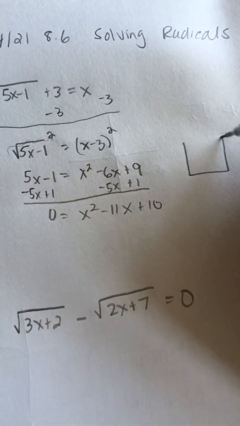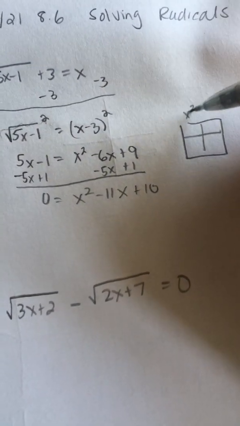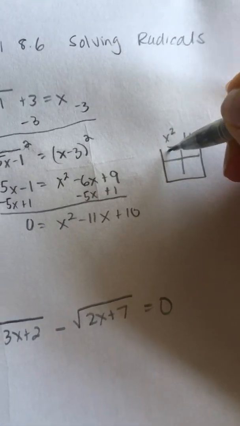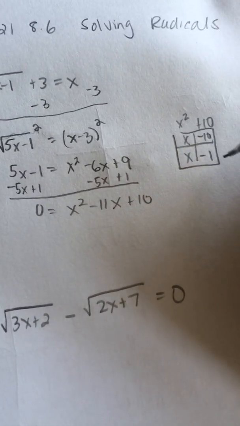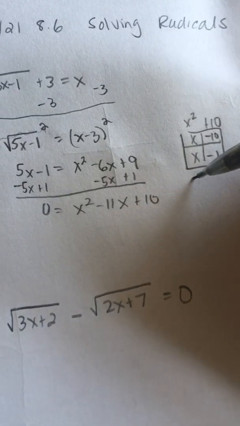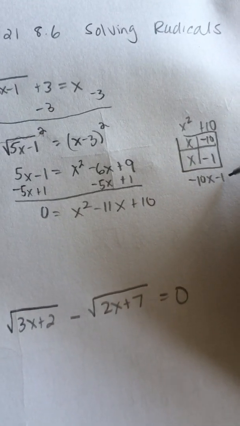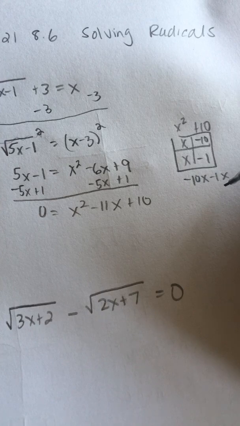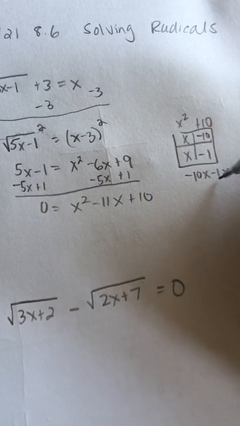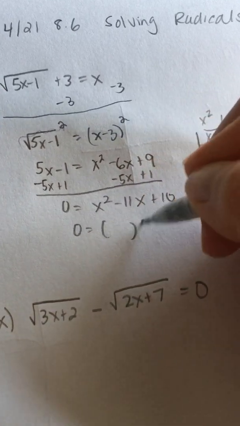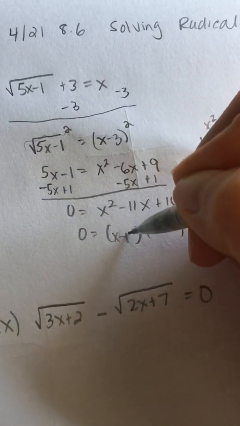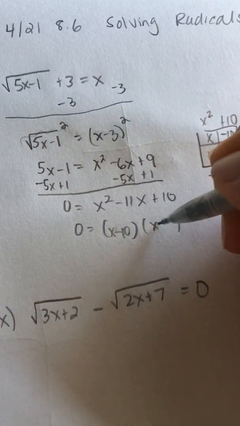So I'm going to factor box and use x and x. I'm going to use negative 10 and negative 1. Those multiply to give me a positive 10, checking my diagonals, multiplying, and then adding those together to get negative 11x. So my factors are x minus 10 and x minus 1.